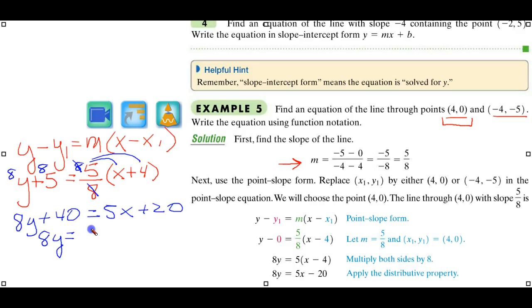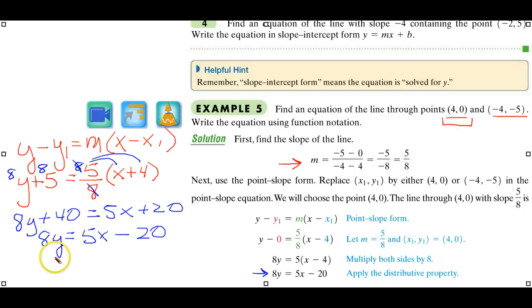So this equals 5x minus, now we're subtracting 40 from both sides, minus 20. And notice this is what they have here as well, even though they used another ordered pair.